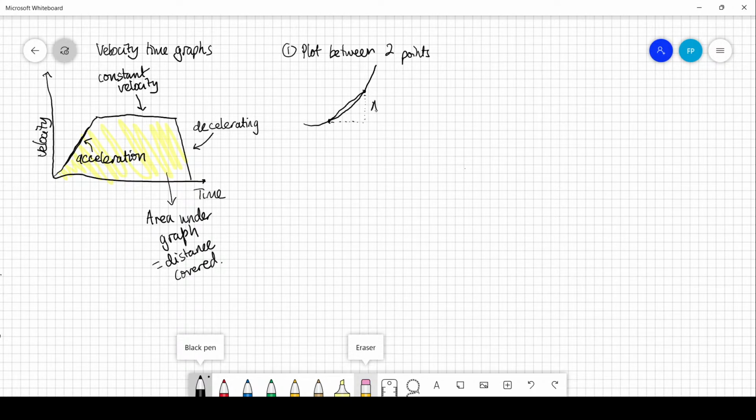So this is the change in y, and this will be your change in x. Don't forget as well to read off your values to the axis, and do this with a straight line and make sure you know the scale.